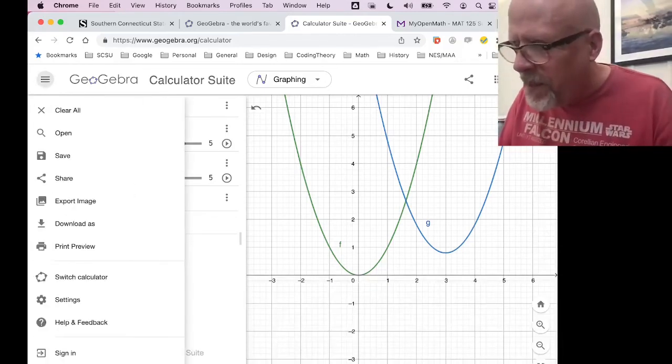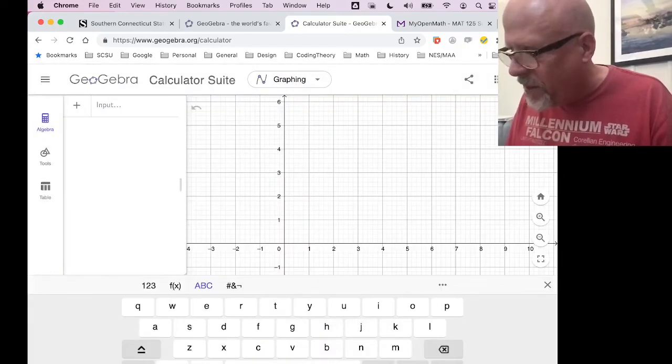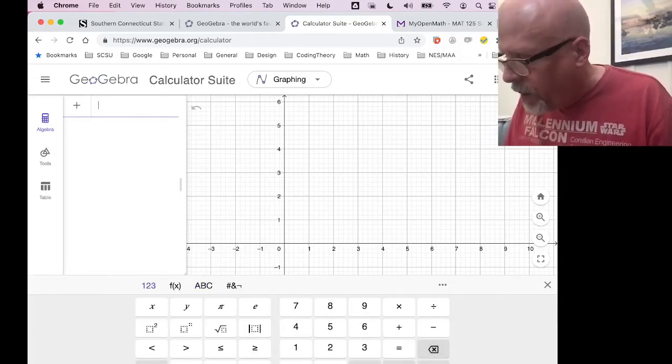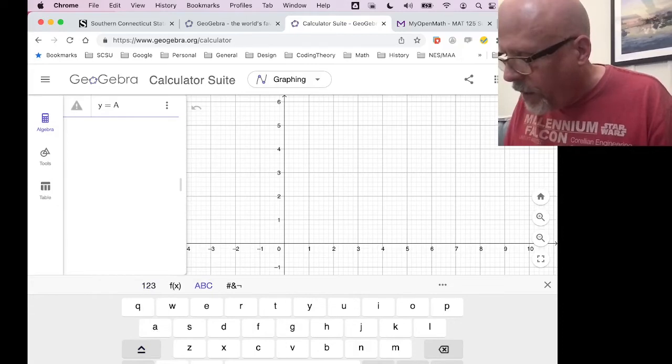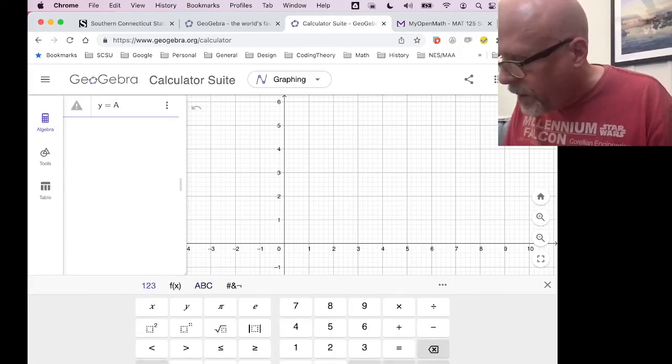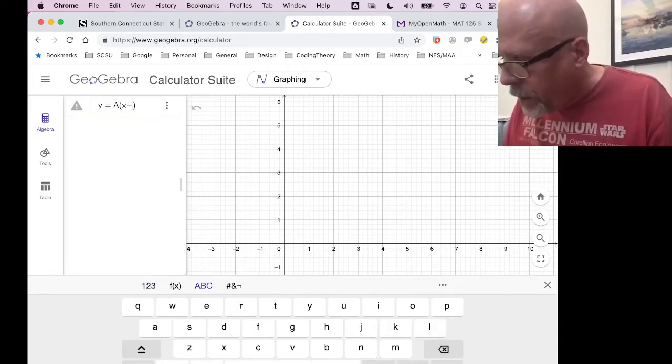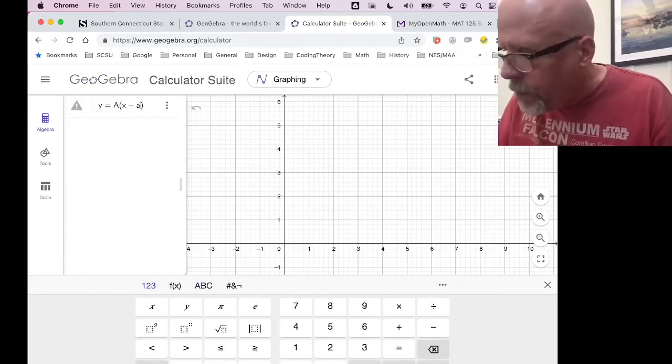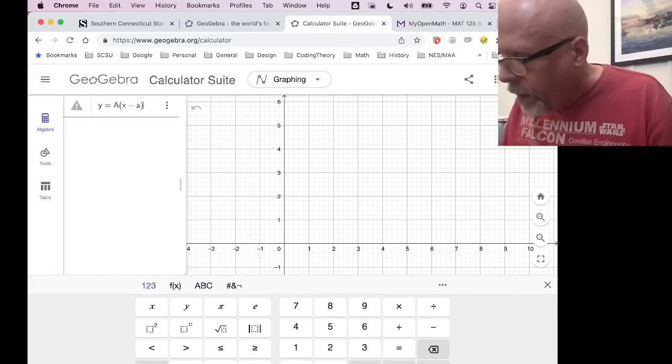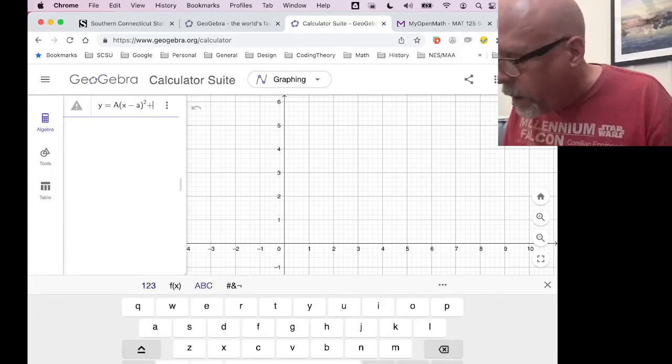You know what? The easy way to do it is clear it all out. You don't need to save it, and start fresh. Y equals capital A times x minus little a to the second power, and then plus little b.